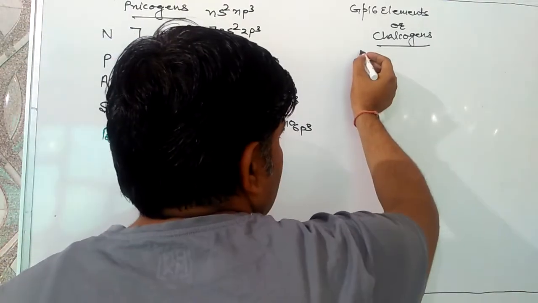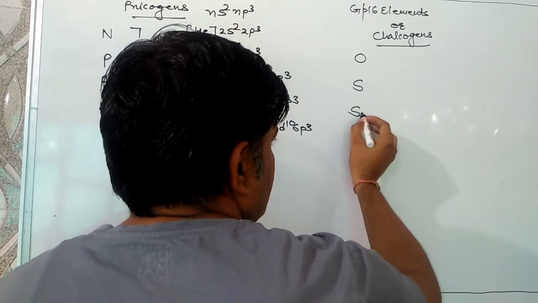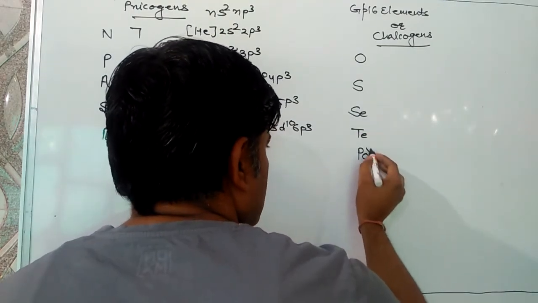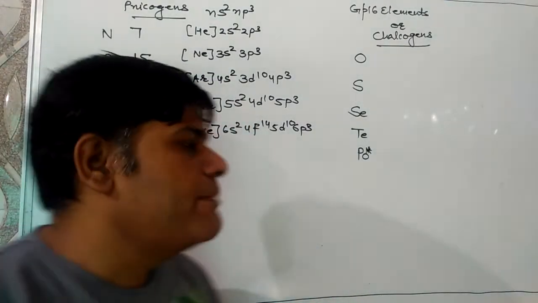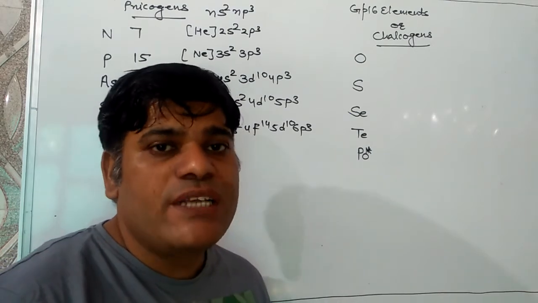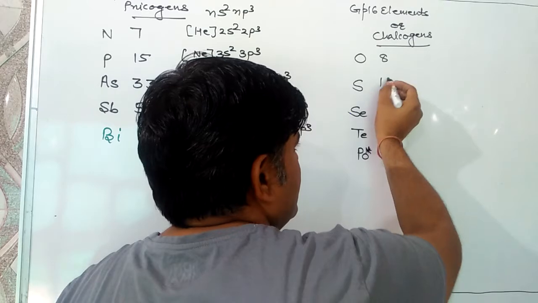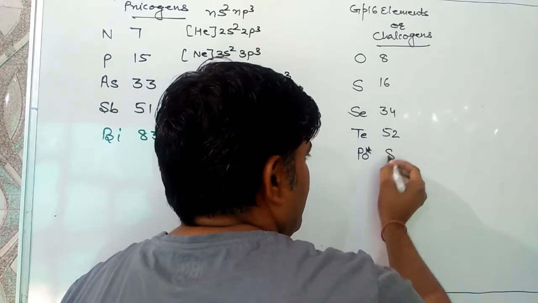And these are also 5 in number: oxygen, sulfur, selenium, tellurium, and polonium. Polonium is radioactive in nature, and it can be remembered by the clue: old style se tipo. Atomic numbers are 8, 16, 34, 52, 84.